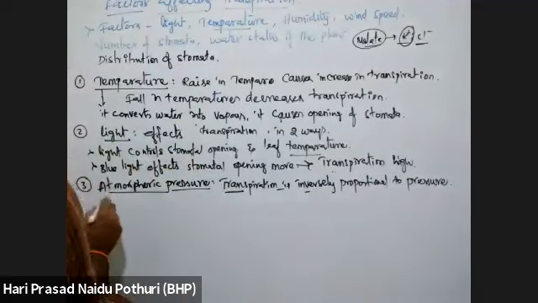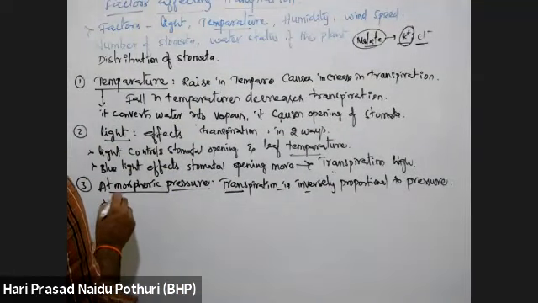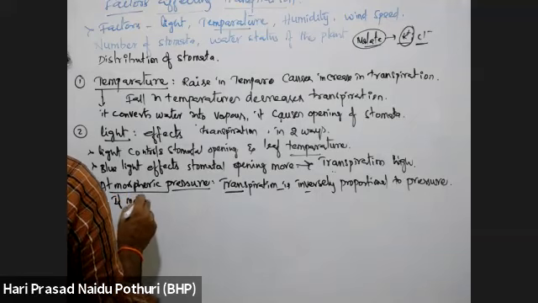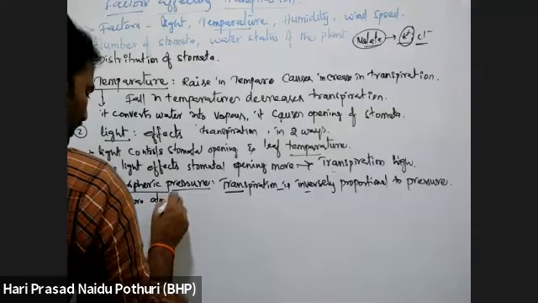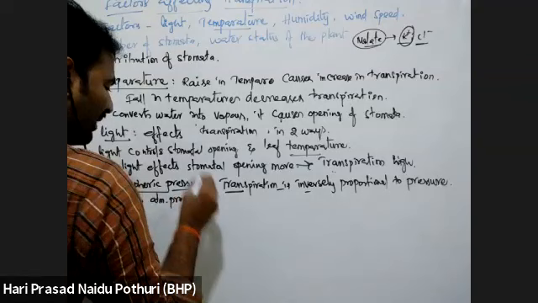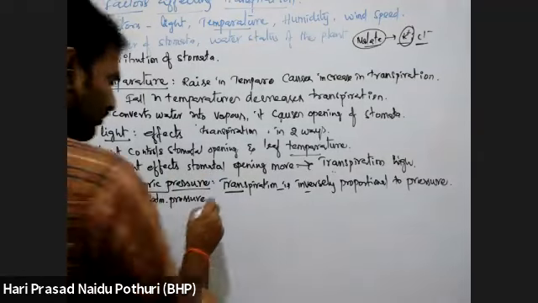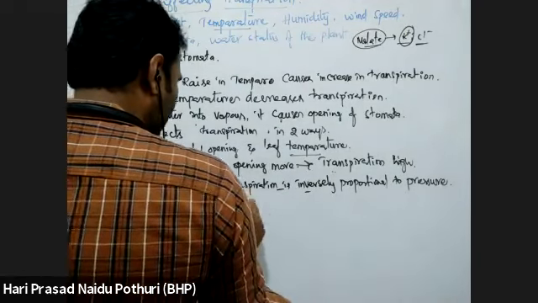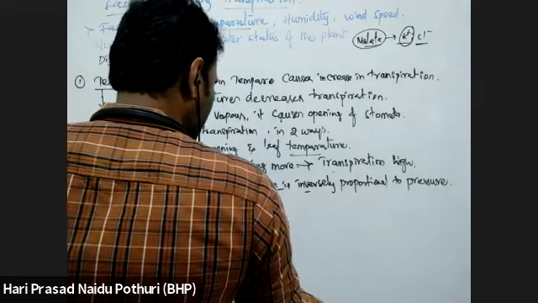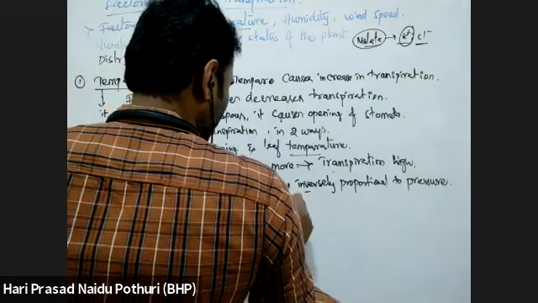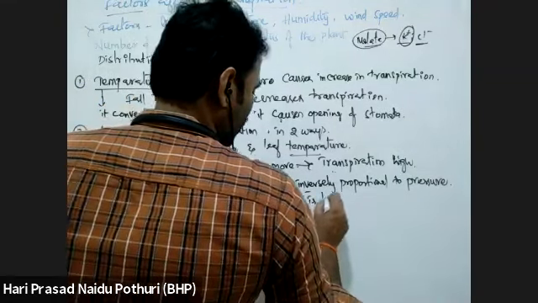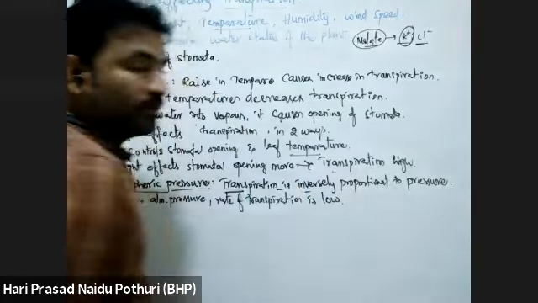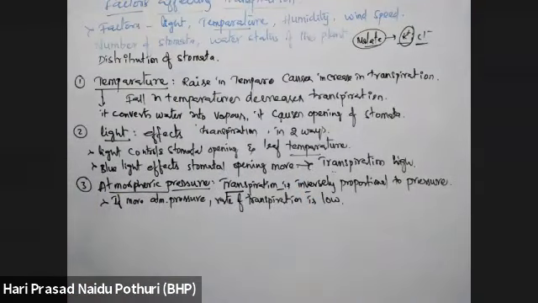That means if more atmospheric pressure is there in the environment, then the rate of transpiration is low or less. The rate of transpiration is less in the presence of more atmospheric pressure.